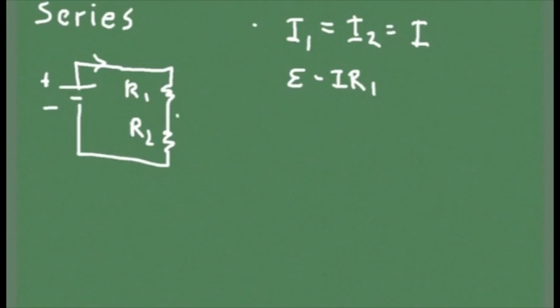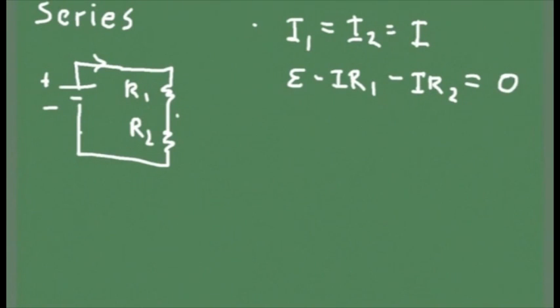And at this point, then you move through resistor number 2, and that's another drop in potential. You're still going with the flow of the current, so you're going towards lower ground. So that goes with a minus sign also. Minus IR2. And because now you're back to the point where you started your journey, the sum of all of the potential changes should be equal to 0.